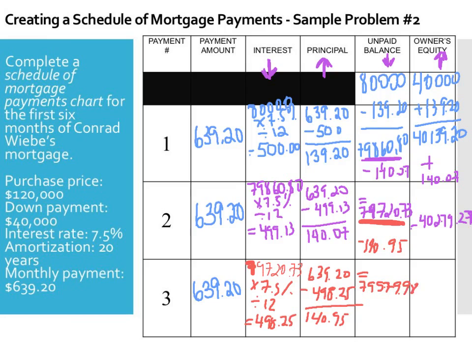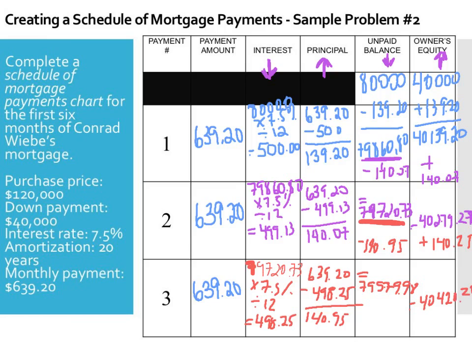And for our final owner's equity, we take the previous month and add 140.95, and that one works out to 40,420.22. I'm out of room there.